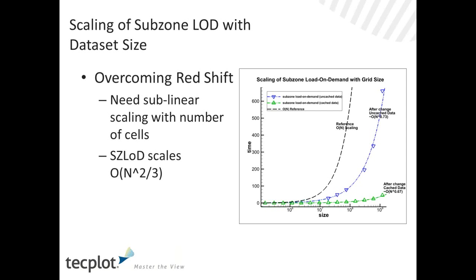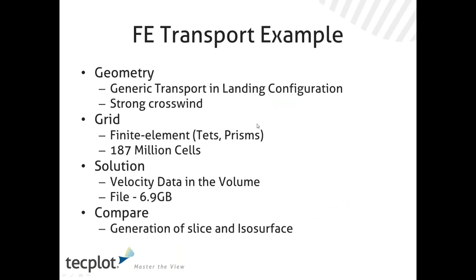Let's take a look at a more real case for a moment and talk about the transport example. This is a generic transport aircraft, like a commercial aircraft, and it's in the landing configuration. So it has flaps and slats down, it has landing gear down, and it's in a strong crosswind. This is a finite element case, or finite volume, unstructured grid at least.